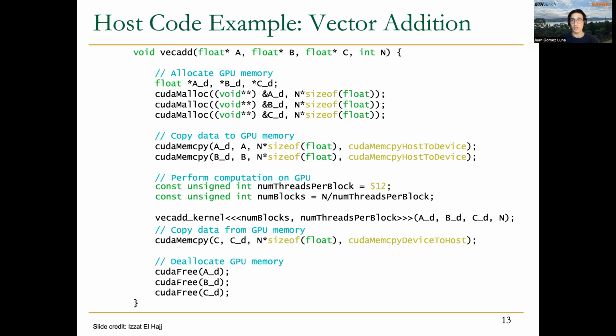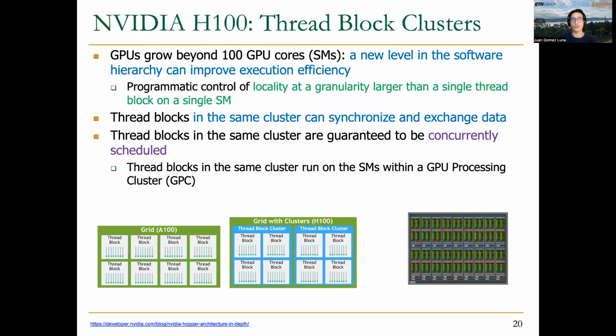There is some novelty in the most recent architecture of NVIDIA, the H100, that was announced basically one year ago. In between the thread block and the grid, the new H100 architecture defines the thread block clusters.